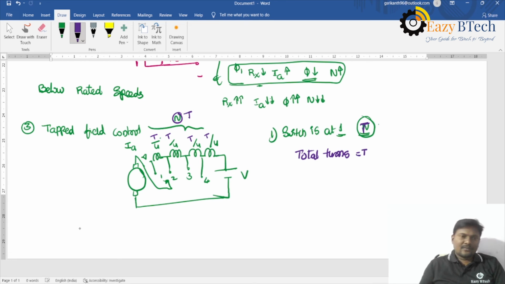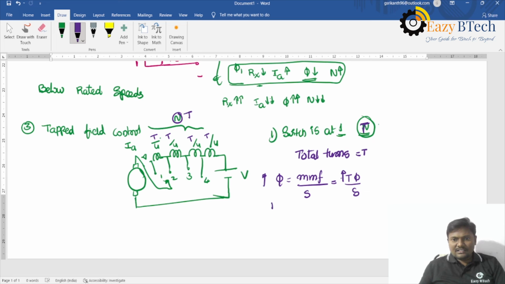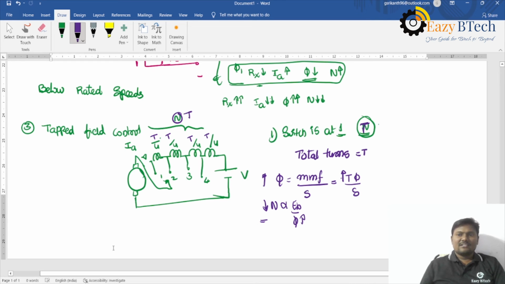Flux is equal to mmf divided by reluctance, and mmf is the number of turns times current. If turns increase, the magnetic field increases. Speed is inversely proportional to flux, so the speed will decrease. This is the first case.